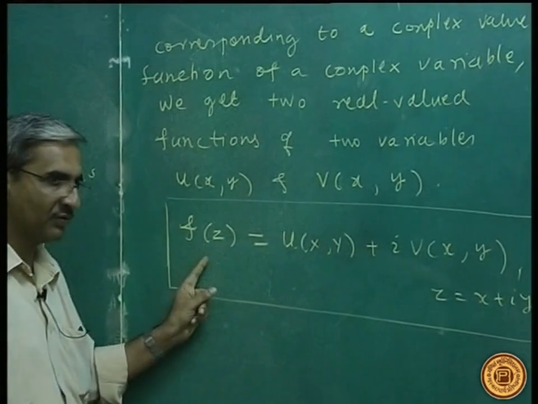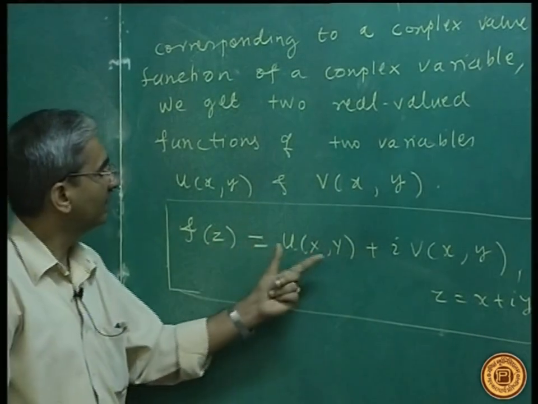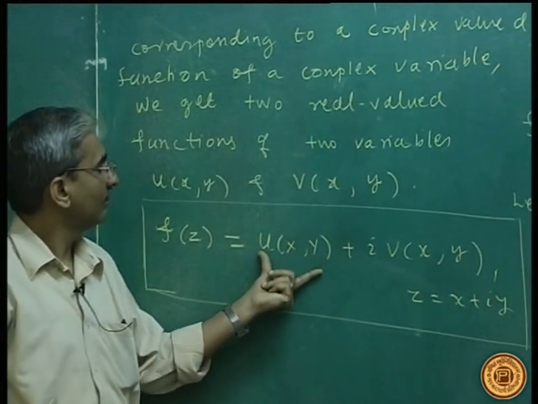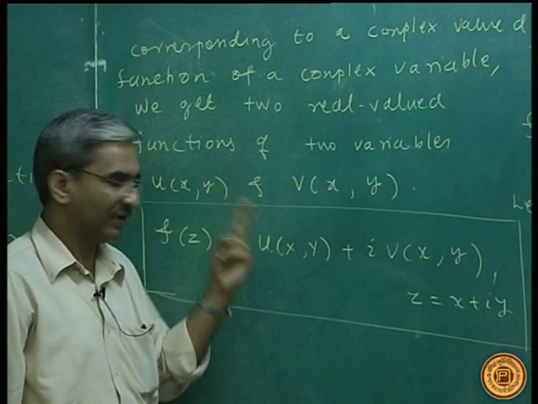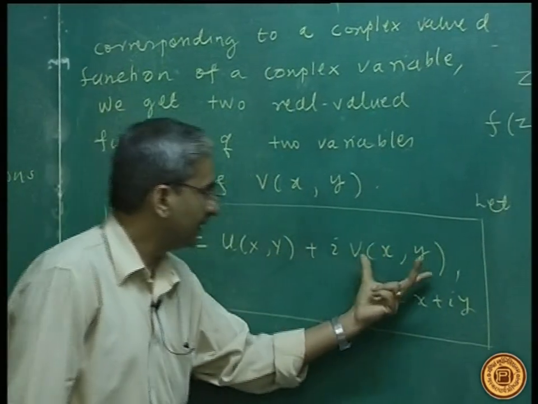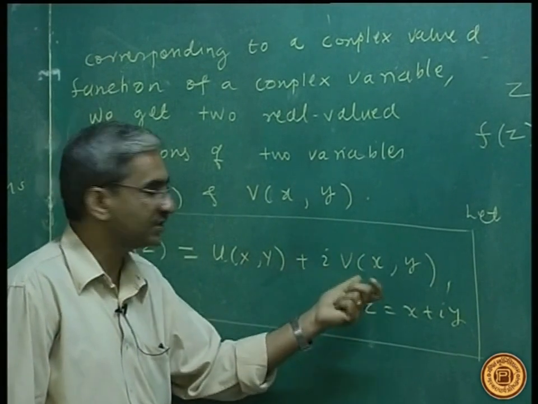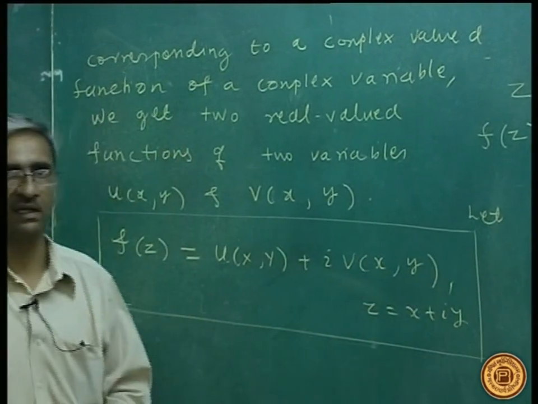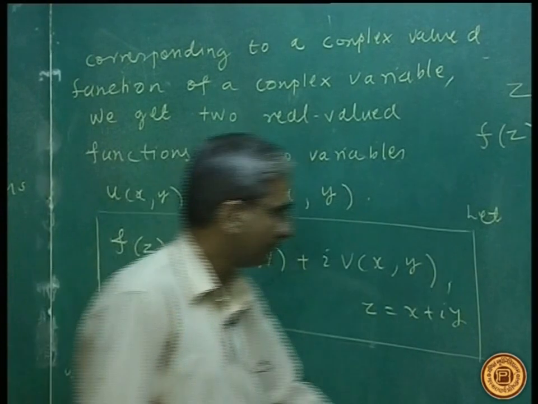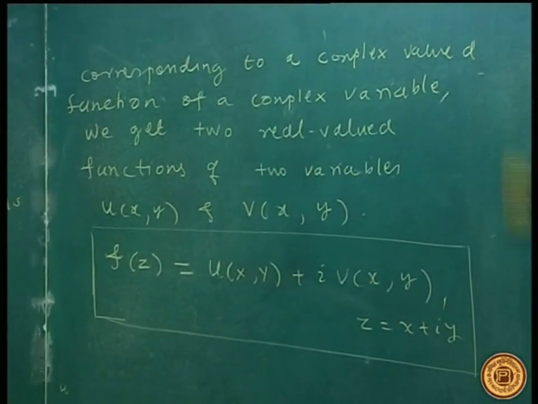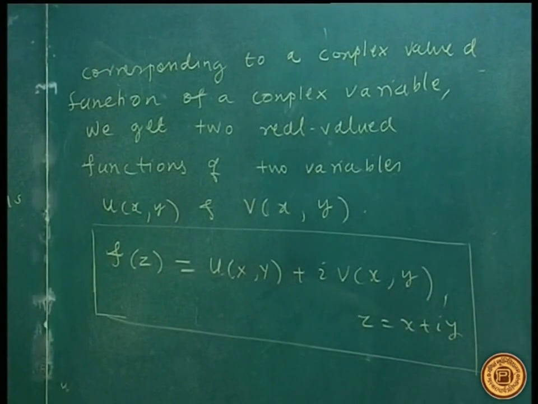Every complex valued function of a complex variable has a real part which is a real valued function of two real variables x and y, and an imaginary part which is again a real valued function of two real variables x and y. So let us compute this for some other functions.